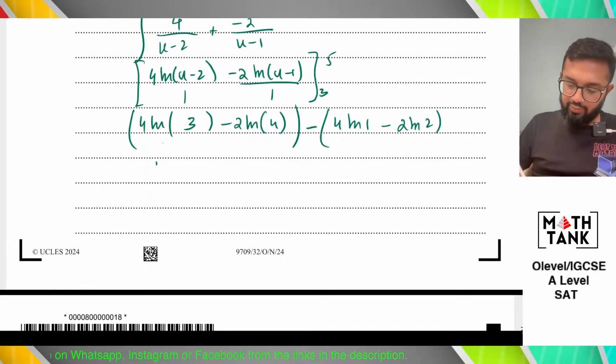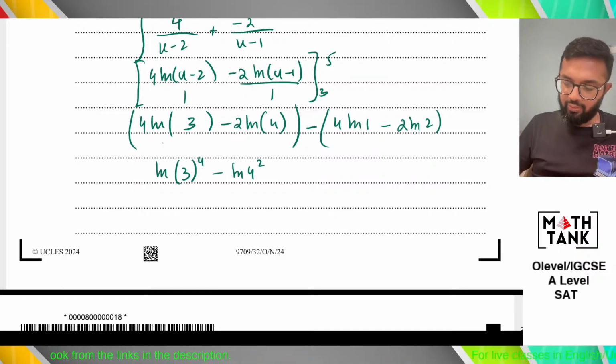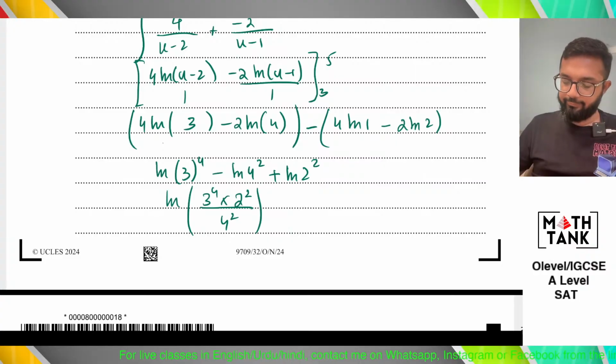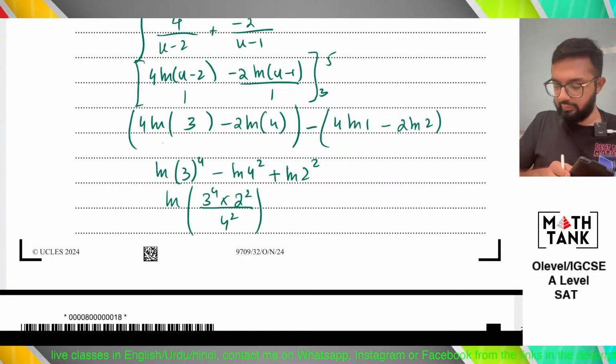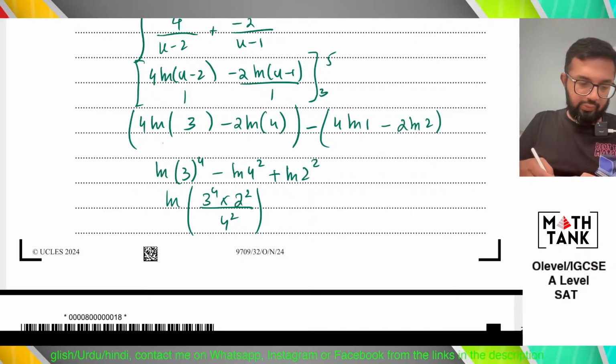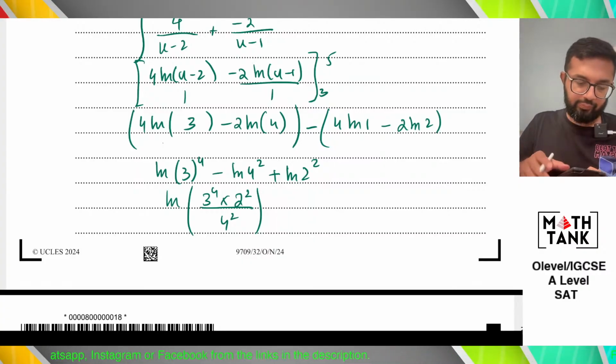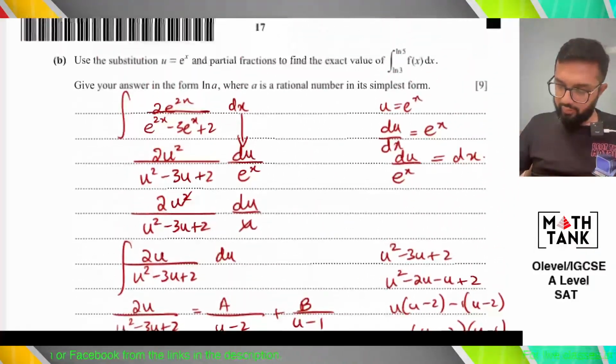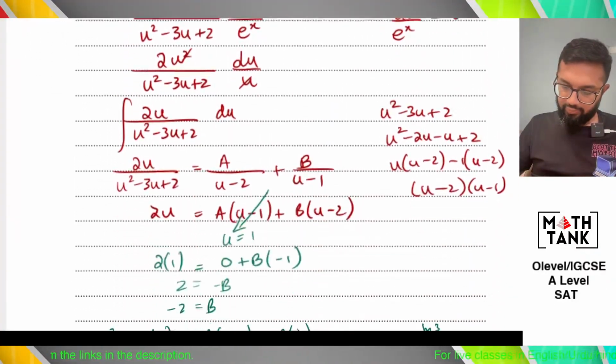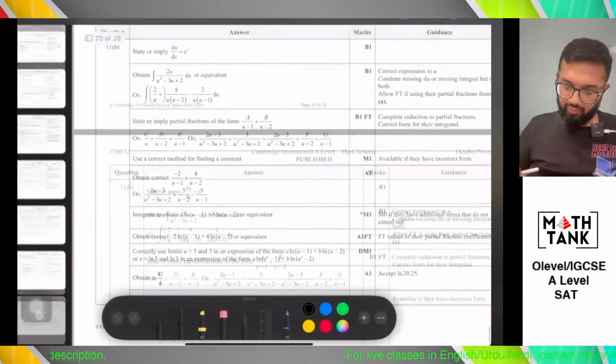So 4 ln 3 power 4 minus ln 4 square plus ln 2 square. Ln of 3 power 4 into 2 square divided by 4 square. 81 over 4. Yep, that is the correct answer.